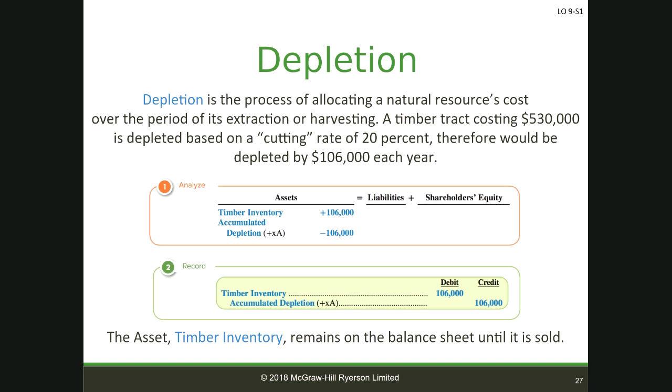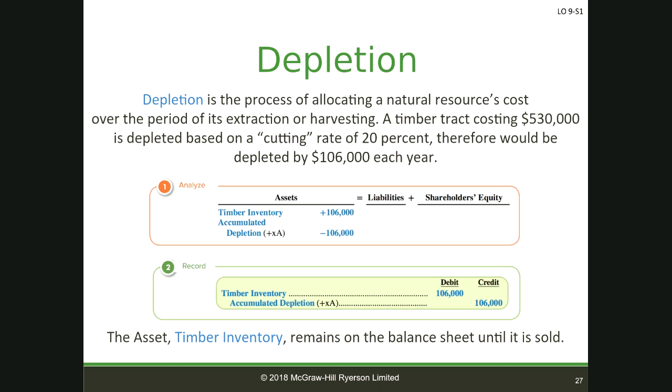We're going to take coal out of the ground. Now here, they're going to use a timber company. So it says a timber tract. A tract just means a piece of land. So a timber tract costing $530,000 is depleted based on a cutting rate of 20%. So what that means is each year they're going to cut 20% of the trees that are in the forest. So each year, this cost of $530,000 is depleted by $106,000 each year.